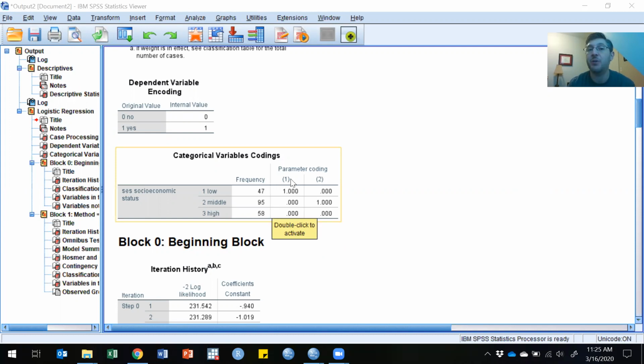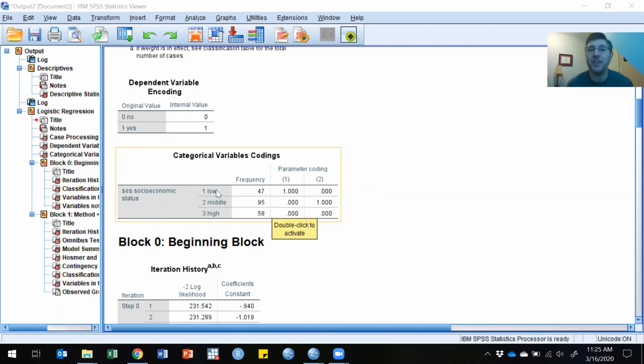You can see where it's going to say SES parentheses 1 in our coefficients table, that's corresponding here to the low SES group. Where it says SES parentheses 2, that's corresponding to the middle SES group. It's not this 1 and 2. It just so happens in our case that it corresponds to our 1 and 2, but that won't always happen.